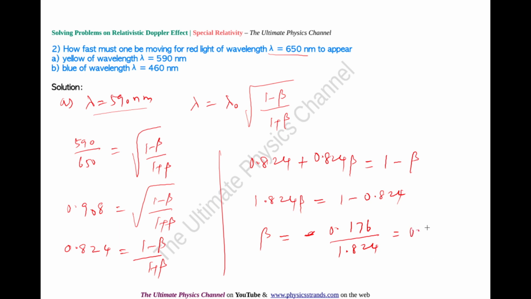That would be 0.0965, or beta is equal to 0.097. So the speed must be in the first case 0.097 c.